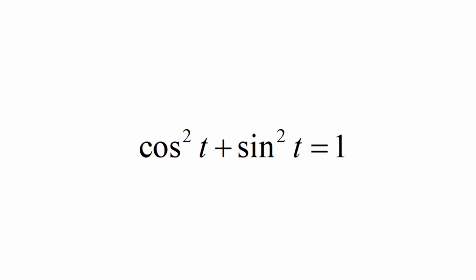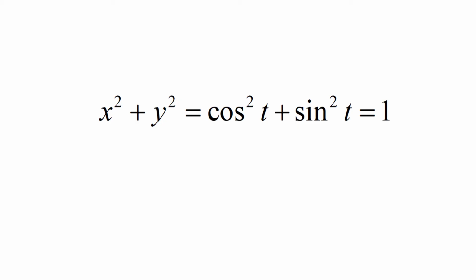The presence of cosine and sine functions gives us an intuition that the trigonometric identity cos²t + sin²t = 1 will be helpful. Using the parametric equations x = cos t and y = sin t, we obtain x² + y² = cos²t + sin²t = 1.